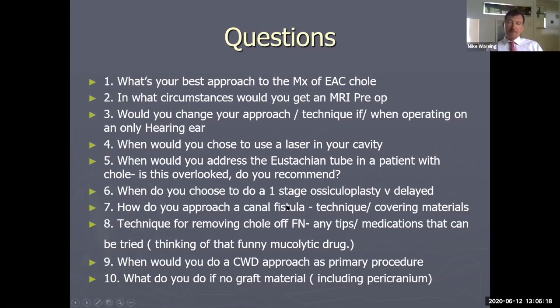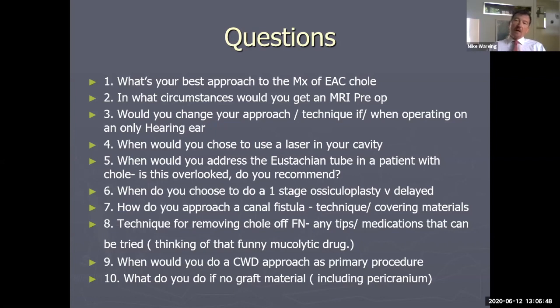How do you approach canal fistula? So the options are, option 1 is to leave skin over the top of it, and option 2 is to take the skin off. If you're doing a closed cavity, a combined approach to tympanoplasty, it seems to be pretty difficult to deliberately leave some skin over there, although the hope is that it sort of rolls up into a ball.